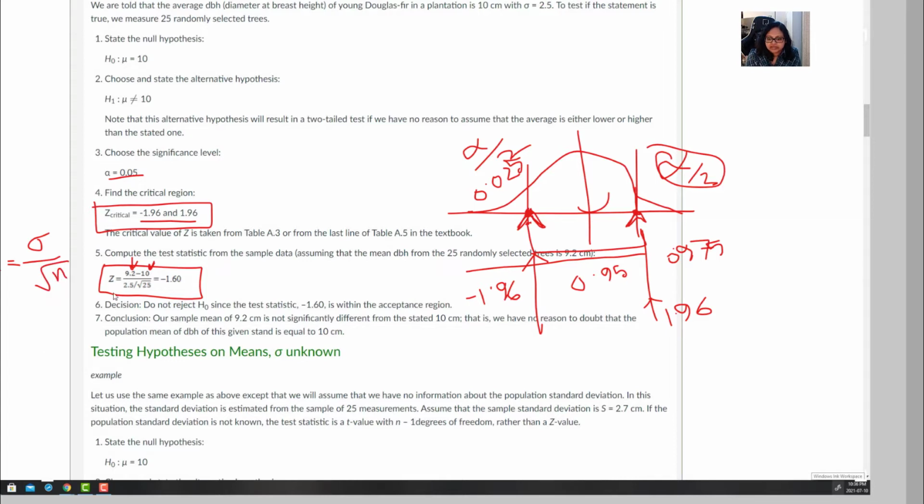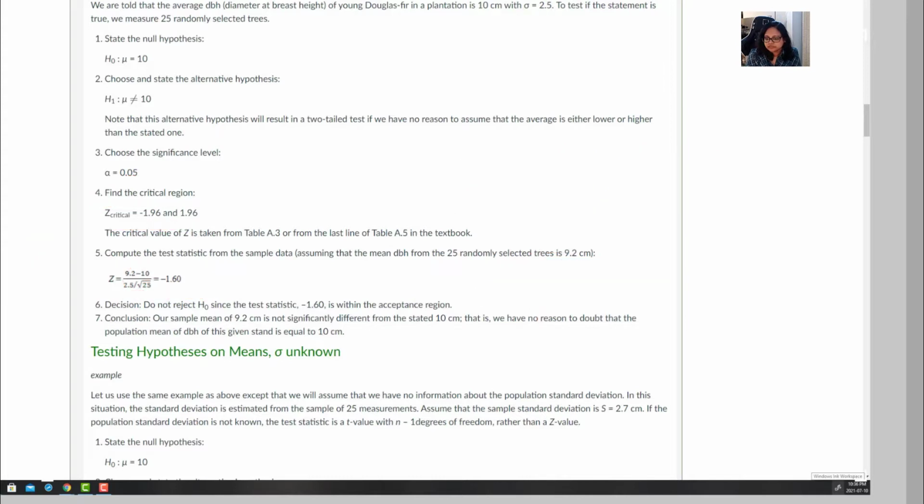So the 2.5 we saw in the data set, and then 25 samples we used. That's why we divided the standard error of mean by that. And then we found that this is minus 1.60. Okay, let's clear everything. And then we found that value.